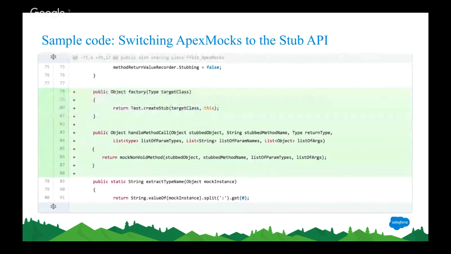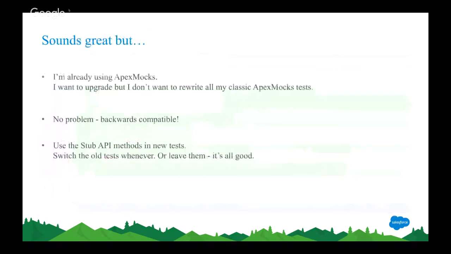First was the factory, which is going to call into Test.createStub. It just passes the stub provider, which is the class itself, and the type of your target class. We also have this new handle method call, which essentially just calls into mock non-void method, which is what our previously generated code used to call. So what do we have? Ten lines here, one line there, and that's that. It's an 11-line change to be able to use the new Stub API.